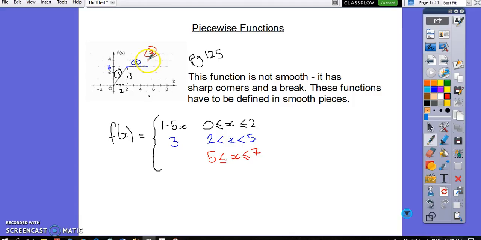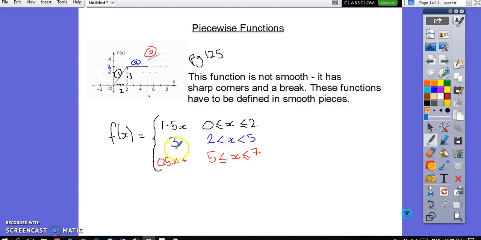And here again, we have a linear equation, and we can find the gradient by taking a look at how far we go up each time we go across. So here the gradient's going to be a half, so 0.5x. And I can find the plus c or plus d by putting in one of the points on the function.